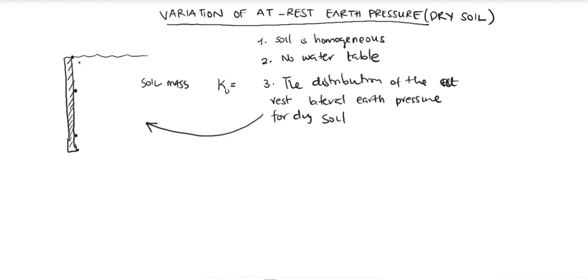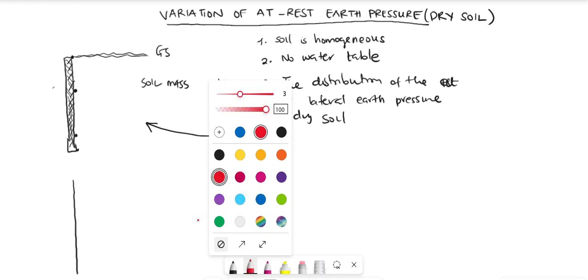So this is the ground surface. This is the retaining wall. Now we want to look at the distribution. So let me put a schematic diagram here and let's see the distribution.